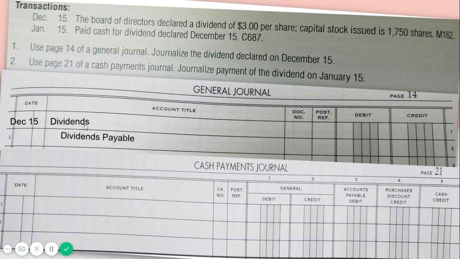Journalize it as dividends and dividends payable. We get 5,250 in the debit for dividends and in the credit for dividends payable. January 15th, we paid cash for the dividend declared on December 15th. So we're now going to decrease our dividends payable. So we have dividends payable for debit and cash credit.